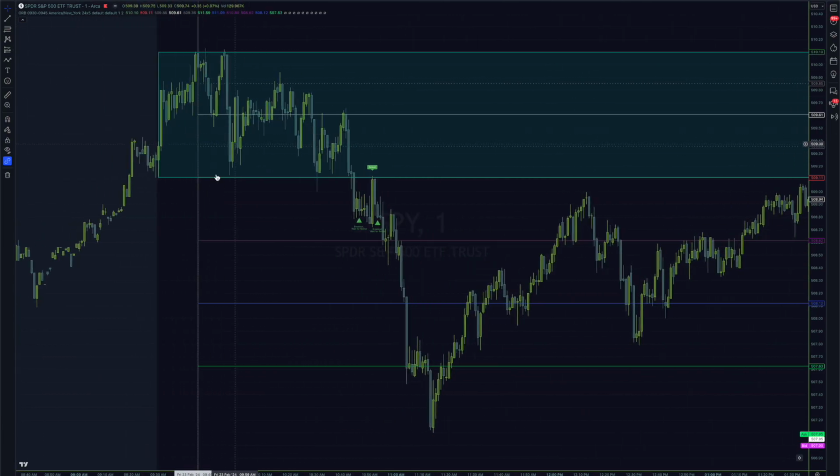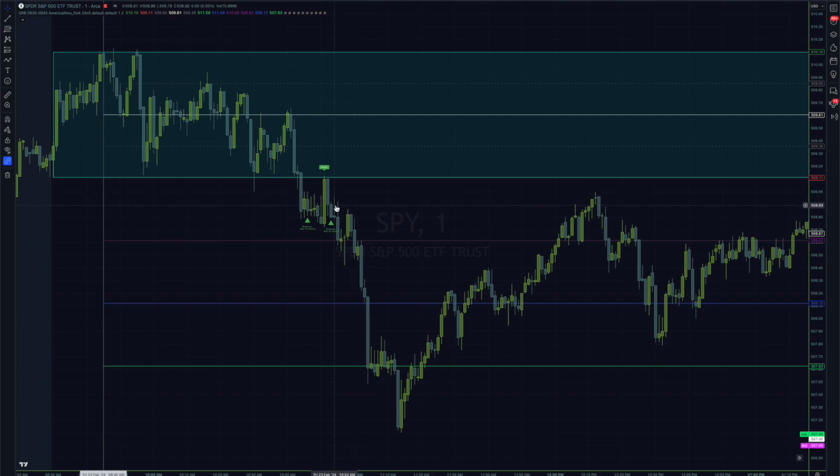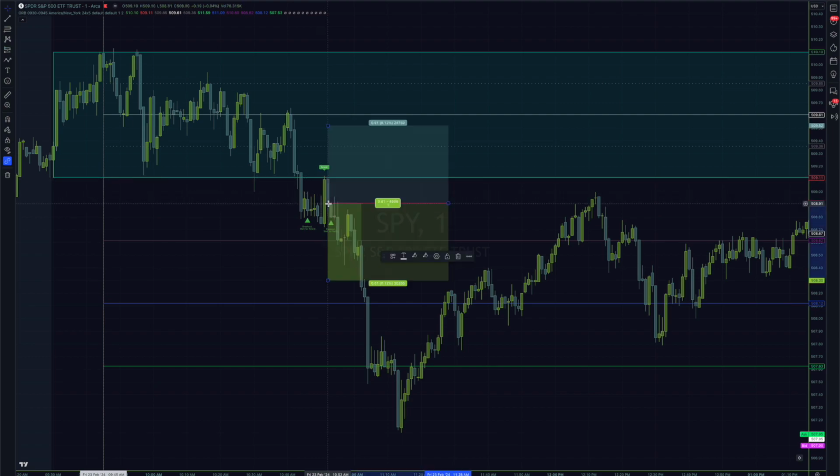So this past Friday actually worked, quote unquote, rather well. If you look at taking a short where we have a breakout, we come back. This candle specifically is very important. It stops dead on the ORB low. And then this candle here is where I would be looking to enter.